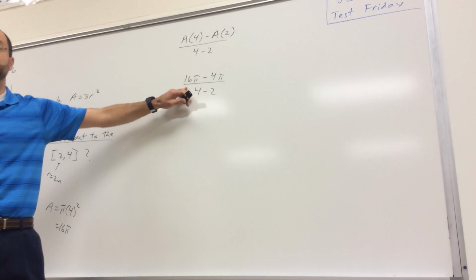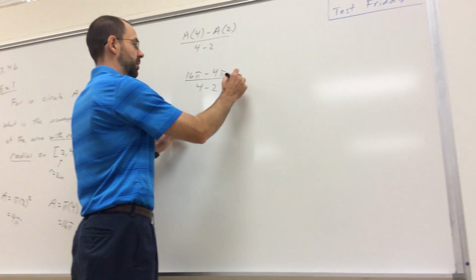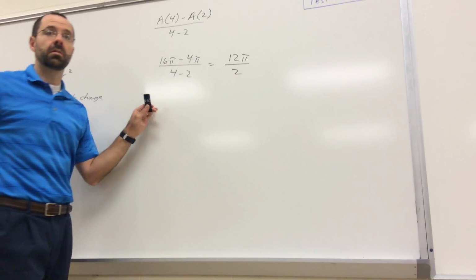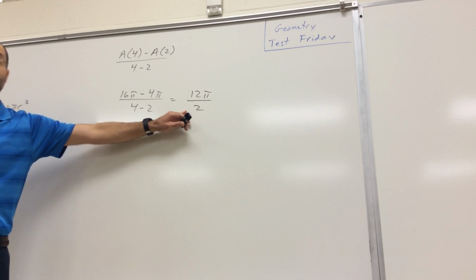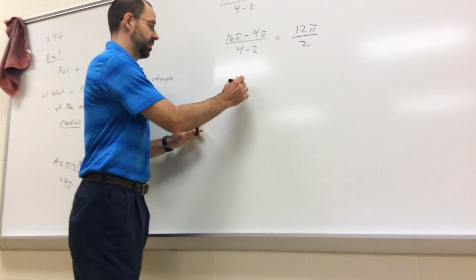Okay, so you got to take 16 pi minus 4 pi, and that comes out to 12 pi. And then if you take 12 pi divided by 2, that comes out to 6 pi.